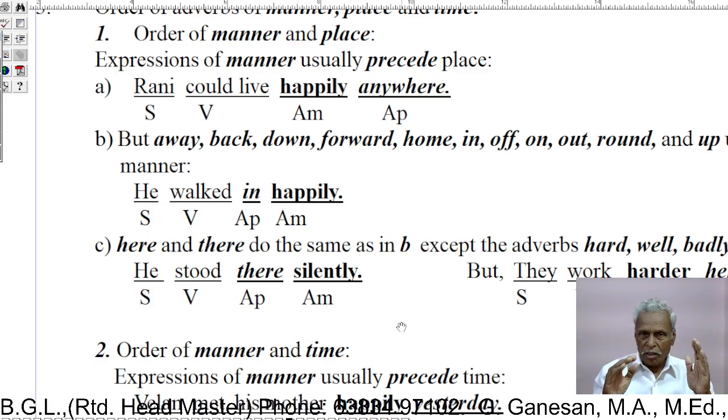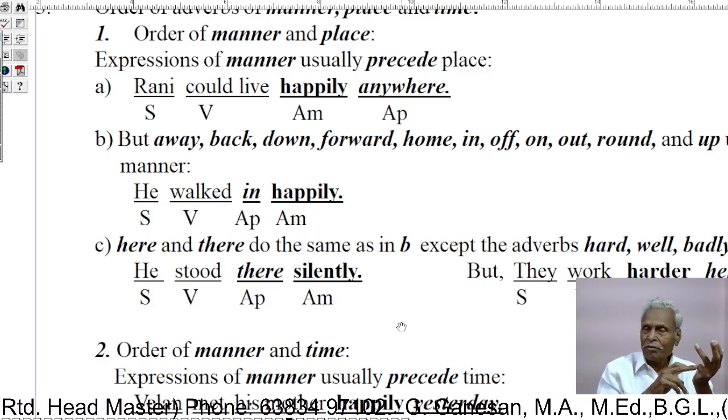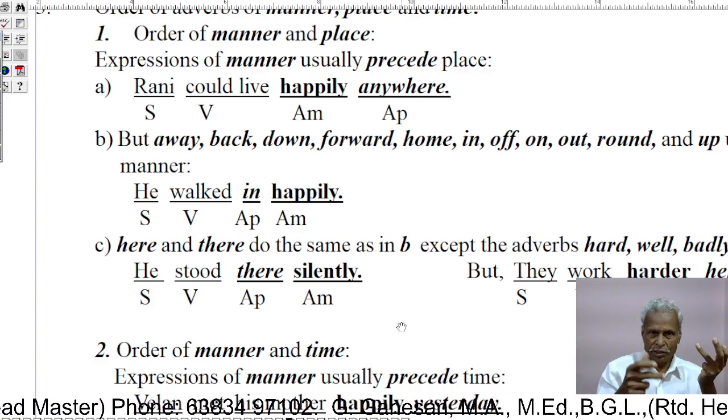Example: he walked in happily. In is place, inside.